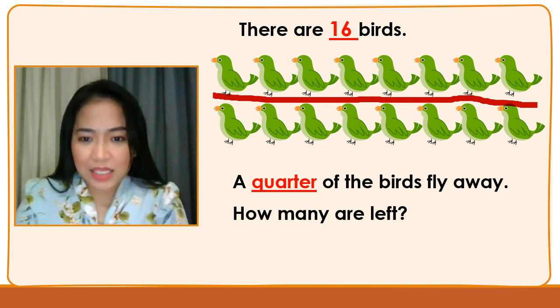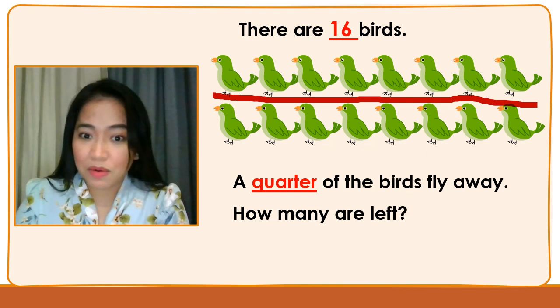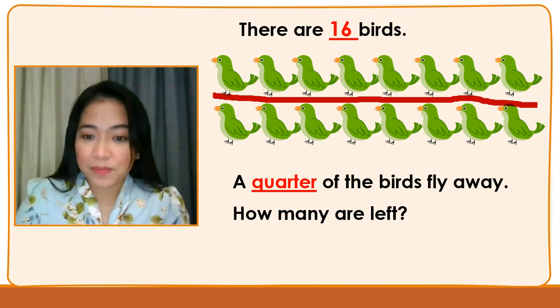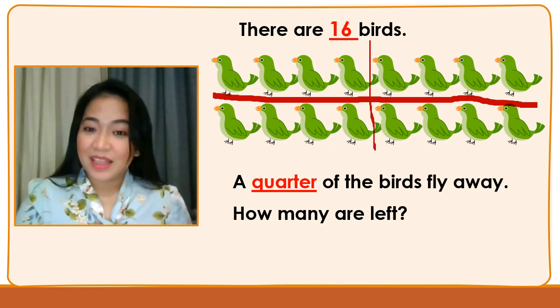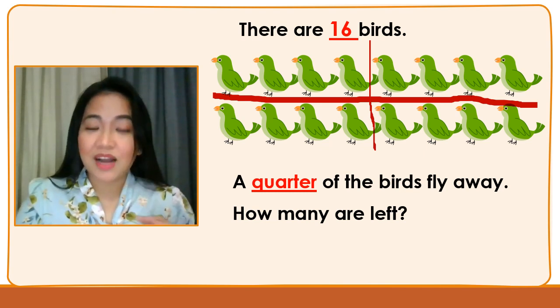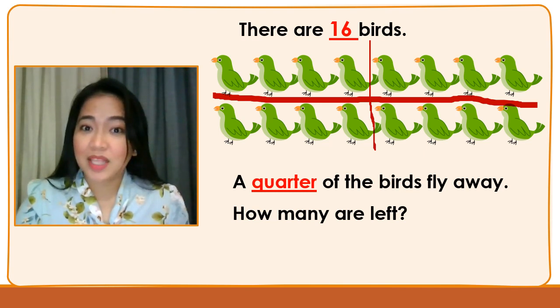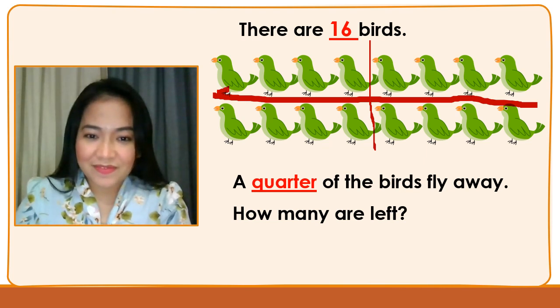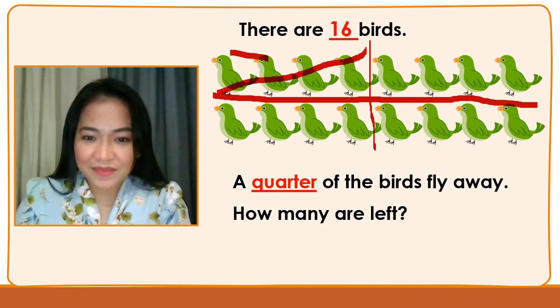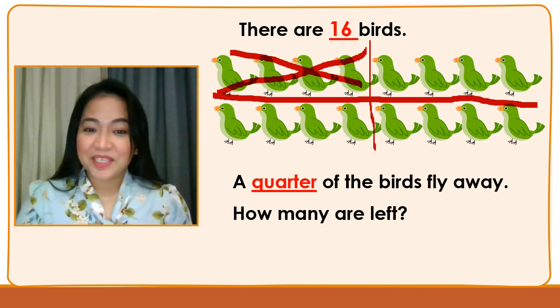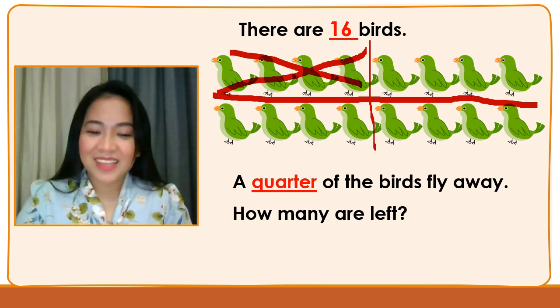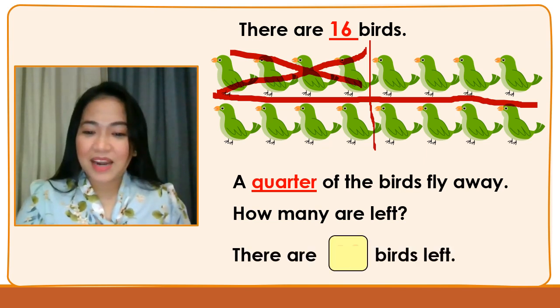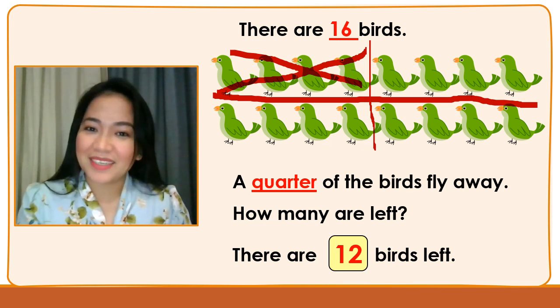Since there are 8 in each half, and I know half of 8 is 4, then I'll split the birds here to show quarters. Now, let me cross out a quarter to represent the birds that fly away. There you go. So, how many birds are left? You are right. There are 12 birds left.